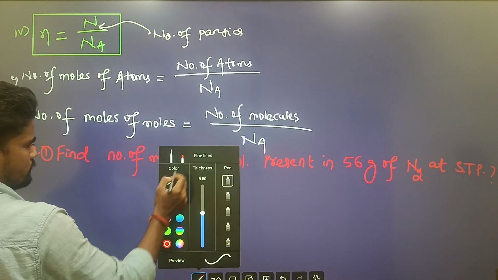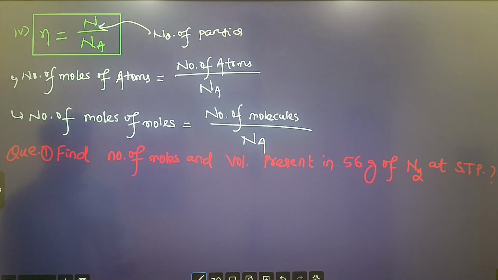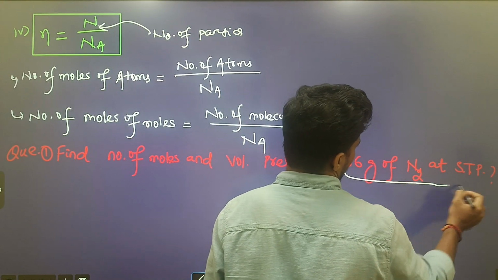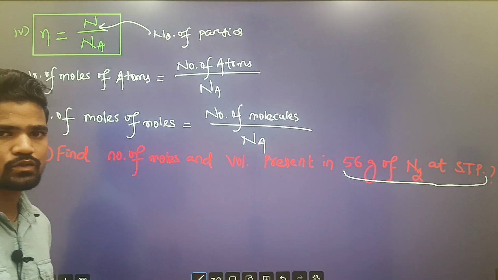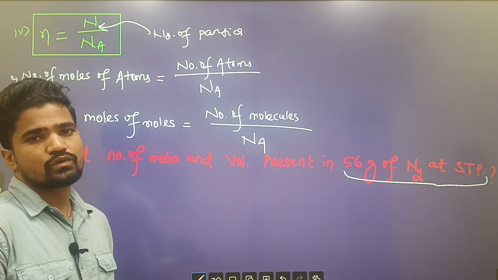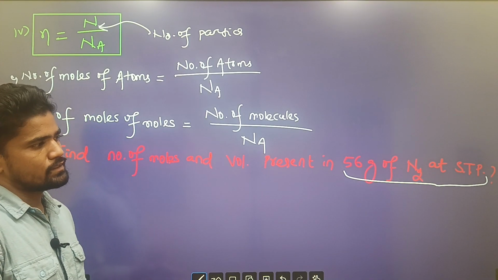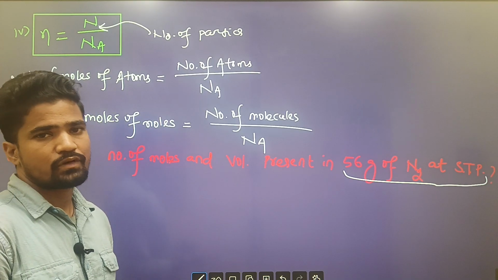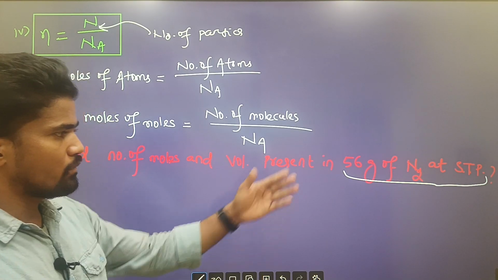So in the question, 56 gram of nitrogen at STP is already given to us. We have to calculate how many moles and what is the volume of nitrogen in that condition. But mass is given.